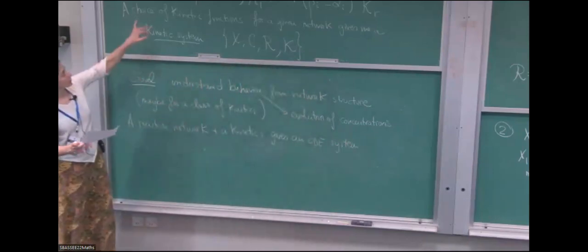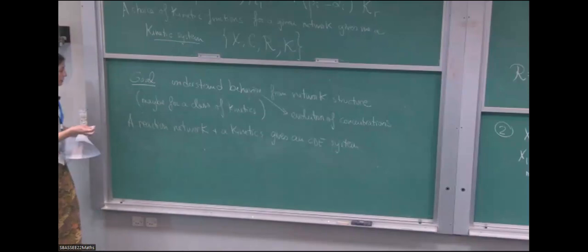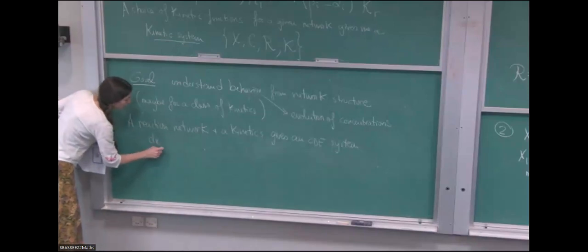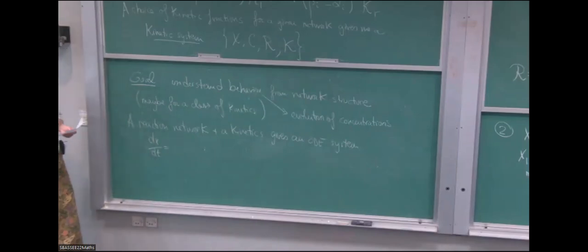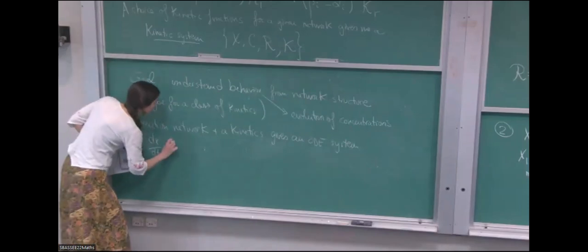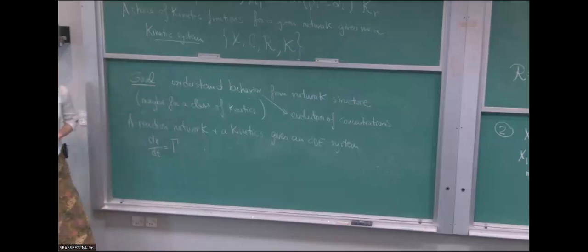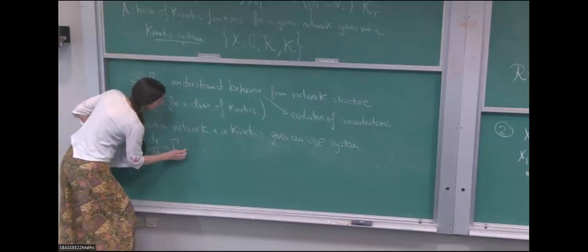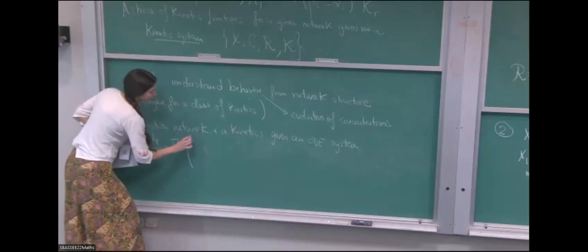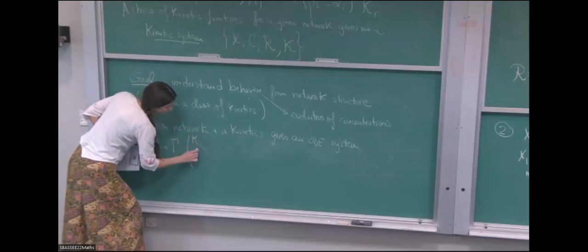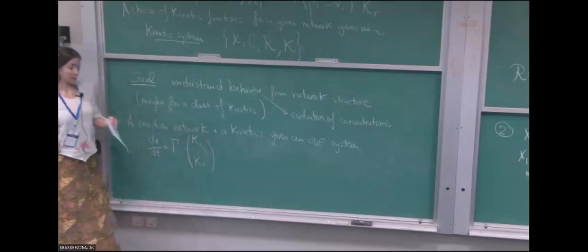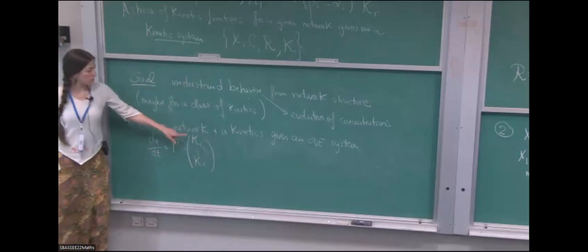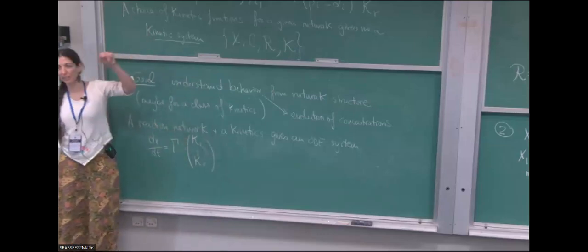And by what we've seen here, we can write the system as the product of a certain matrix times a vector of kinetic functions. So we have one entry of the vector for each kinetic function.